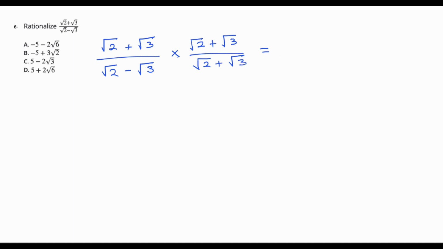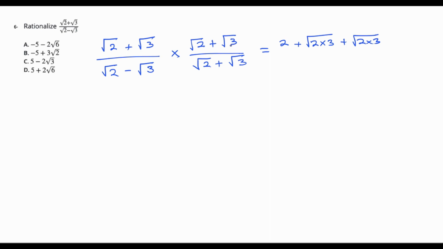We can multiply root 2 multiplied by root 2 equals 2. Root 2 multiplied by root 3 equals plus root 2 multiplied by 3. Root 3 multiplied by root 2 equals plus 2 multiplied by 3.